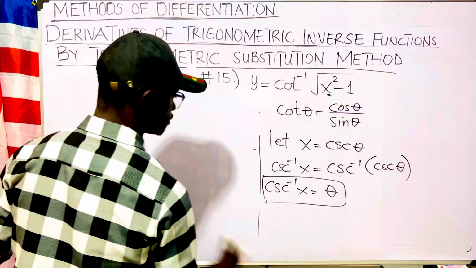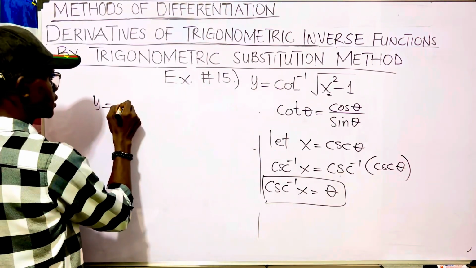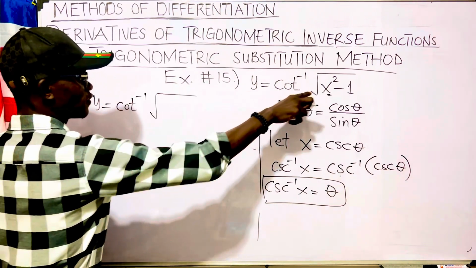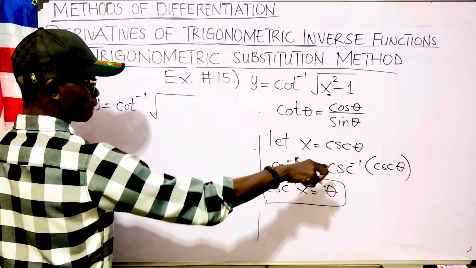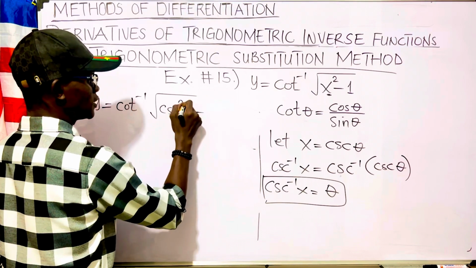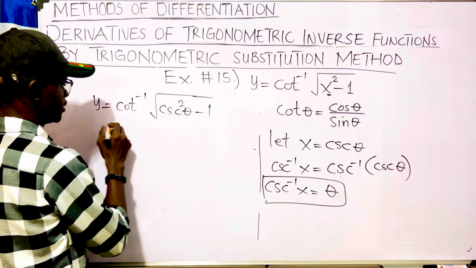So now we do the substitution. We have y equals cot inverse of the square root of, now x becomes cosecant of theta, but since x is squared, we square it, minus 1. So what is this entire expression equal to?